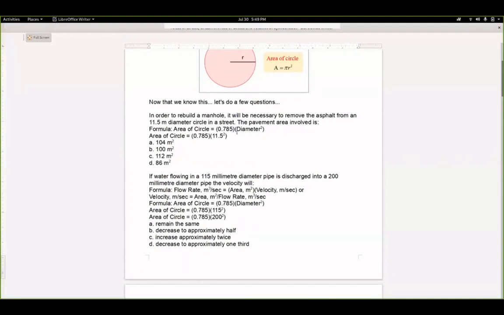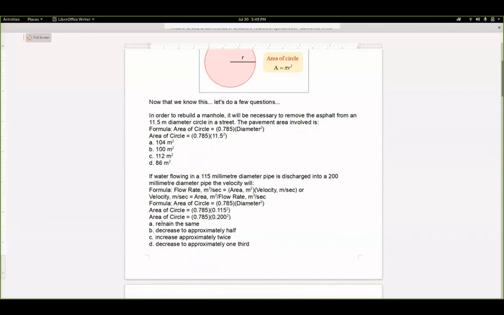But notice that these are both in millimeters. So even though it says the area in meters squared, we're not too worried about that because we're comparing common measurements. If we wanted to, we could change these into meters easily enough because there are 1,000 millimeters in a meter. So this would be 0.115. The 115 is already there.